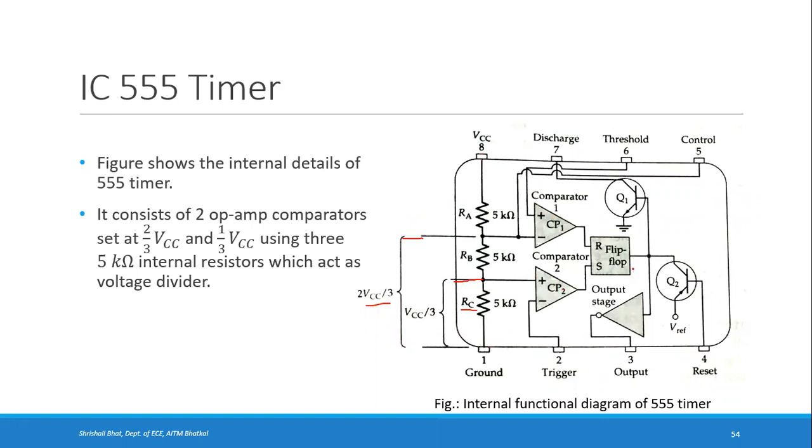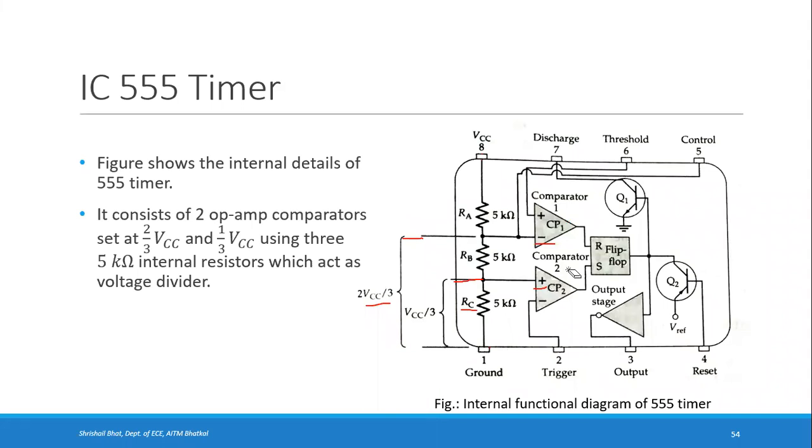Here 2 VCC by 3 is given to the inverting input terminal, and here VCC by 3 is given to the non-inverting input terminal. That means if the voltage exceeds 2 VCC by 3, comparator 1 gets triggered.